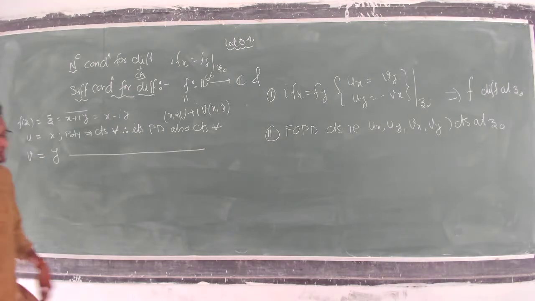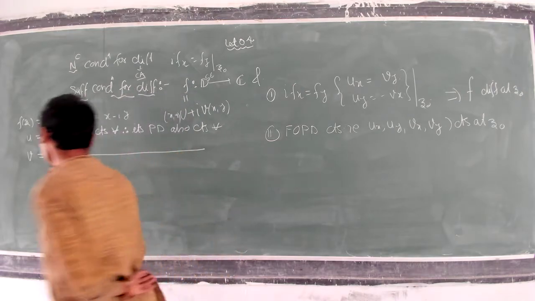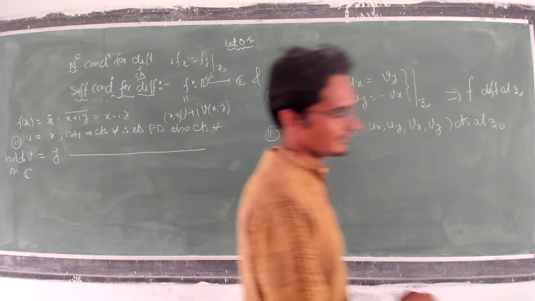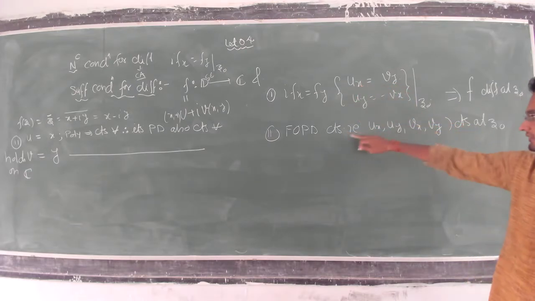So the second condition, continuity of the first order partial derivatives, holds on all of C; there is no point where it does not hold.